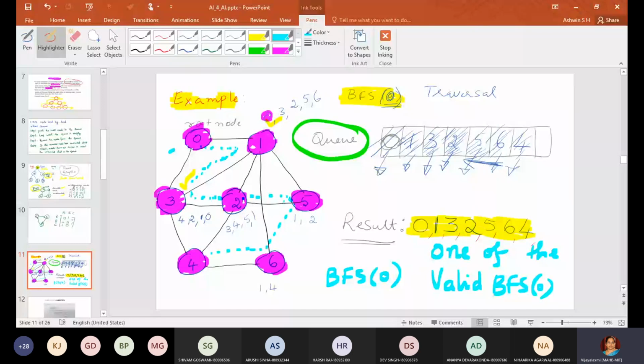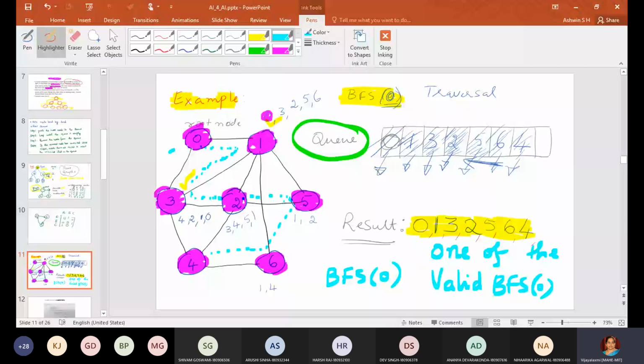Normally, when you see textbooks or papers, they consider complex problems with n number of cities. For Romania, they show how the different cities are connected, or maybe in the US, with so many cities and states, and how they can be connected using BFS.